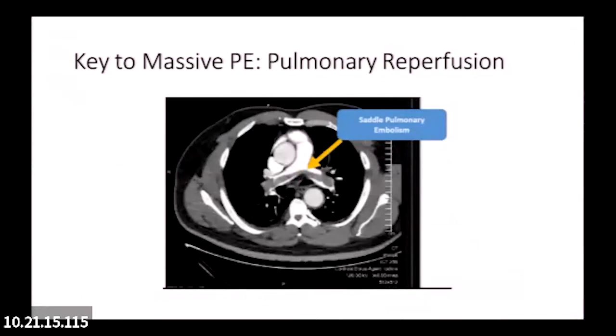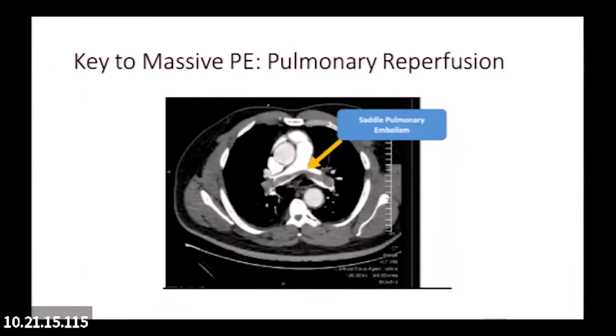For the massive PE, the definition is hemodynamically unstable PE. Usually it is main trunk involvement. Here, we can see there is a saddle PE.